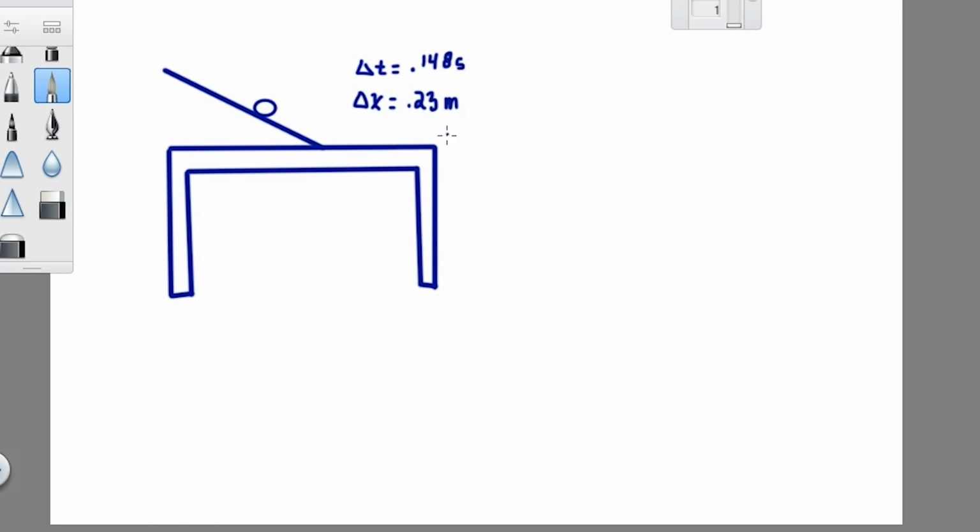All right, so we can calculate what our velocity is here of the marble as it just goes off of the table. So velocity is just the change in position over the change in time, right? That time interval.